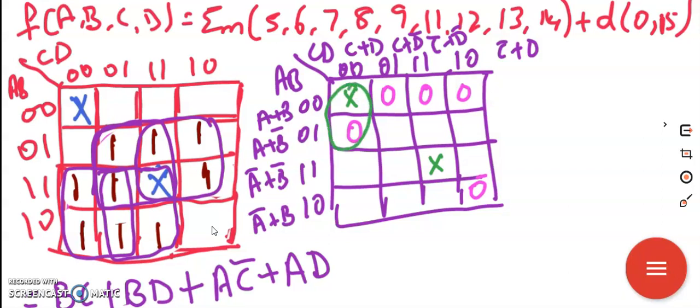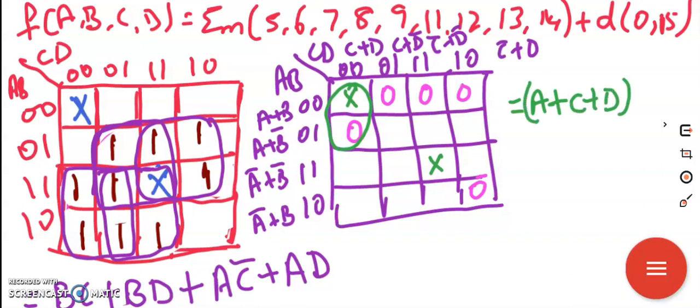When I make this pair, the result I get here for this problem is: A retains common, so A plus. Here it was AND operation, now it is OR operation between the variables. A plus C plus D, that is the first term.